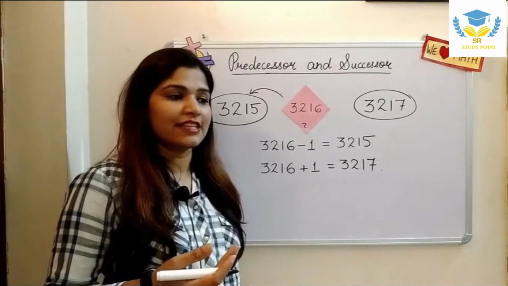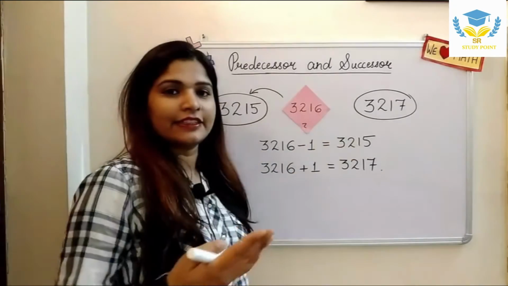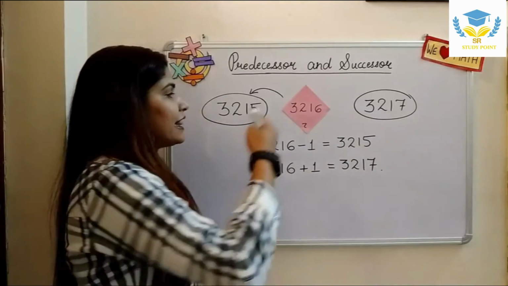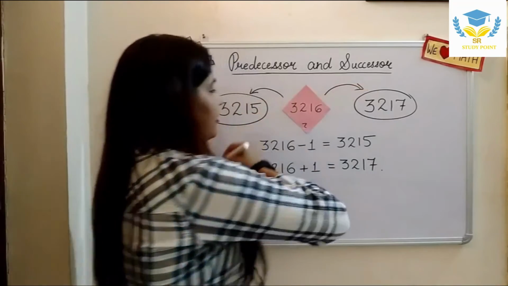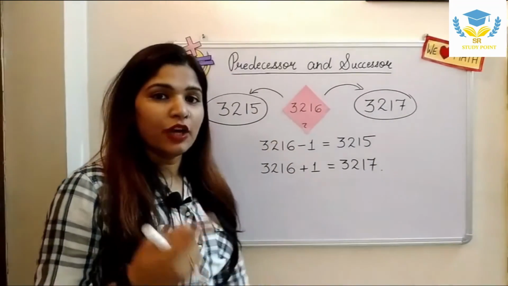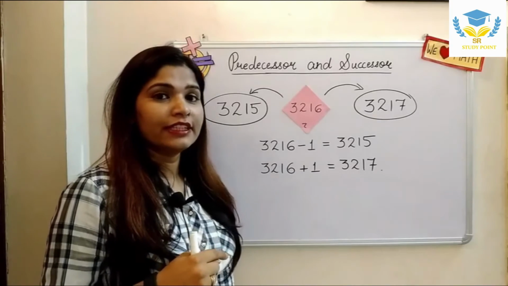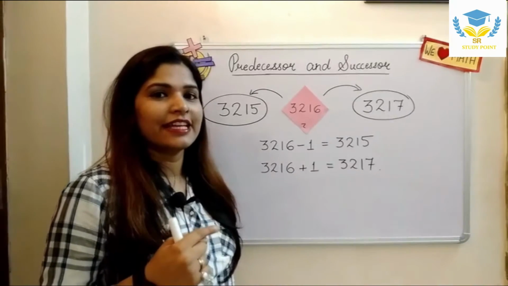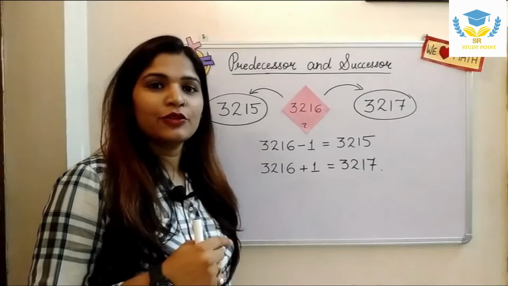Now let's come to the successor. Successor means the number that comes just after the given number. If we add 1 to the given number, we will get its successor. What is it? Successor. So I hope it is clear to you now.